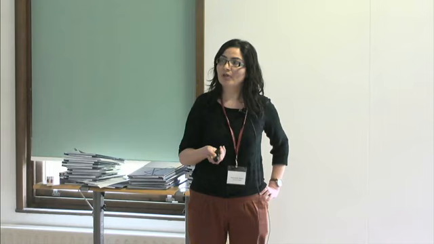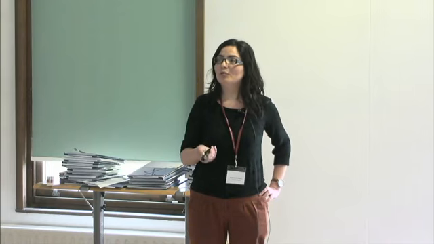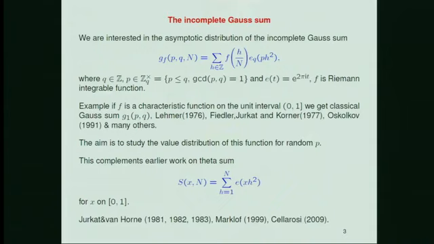So this work complements earlier work on the theta sum. We define the theta sum S of x, n to be the sum over h from 1 to n of e(x h squared), for x between 0 and 1. The distribution of the absolute value of this theta sum was studied by Jurkat and Van Horne in 1981, 82 and 83, and my supervisor Marklof gave the full distribution of this function in the complex plane.